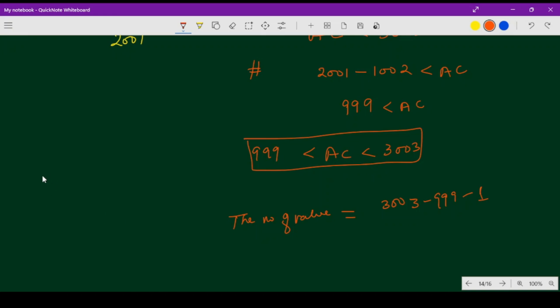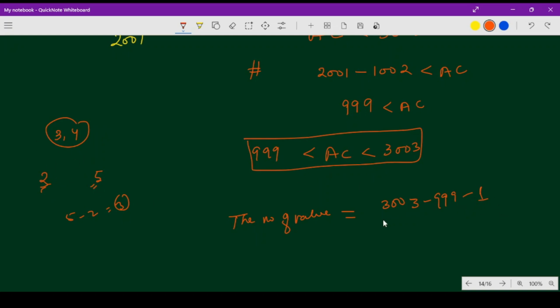So just try to understand why we are doing minus 1. If I ask how many integers are there between 2 and 5, the integers between are 3 and 4, right? But the difference 5 minus 2 is 3, so the difference is 3 but we have only two numbers between. That means in this difference we are counting one of the end numbers, so we have to remove that number.